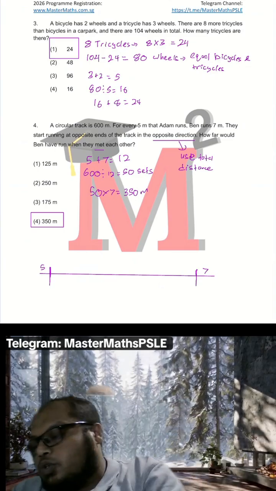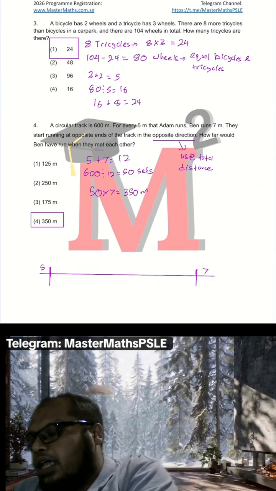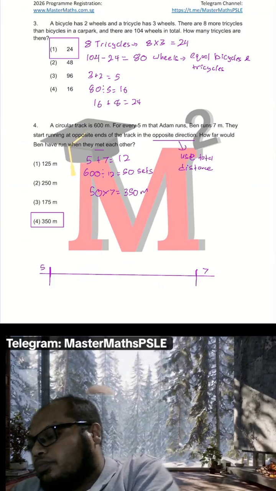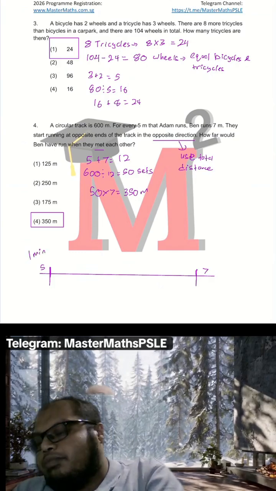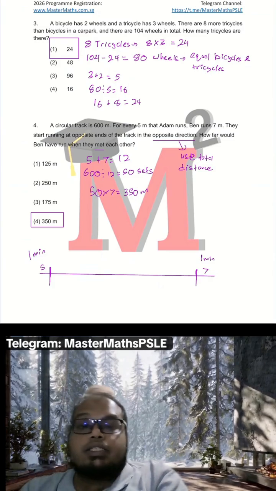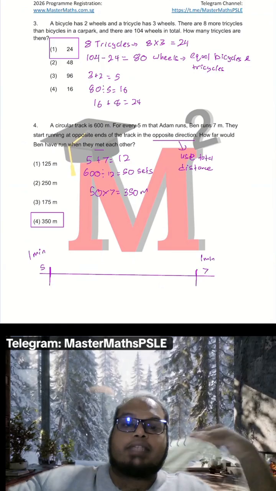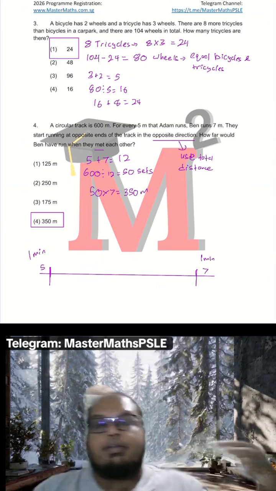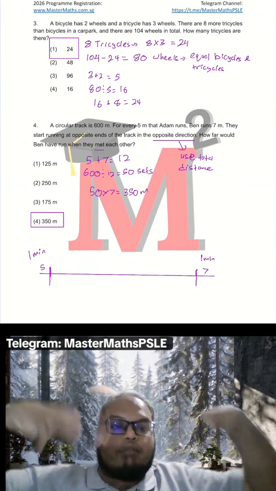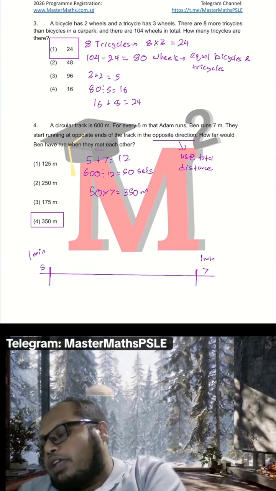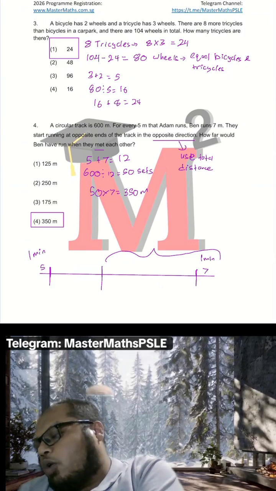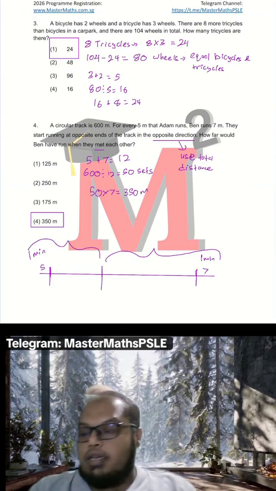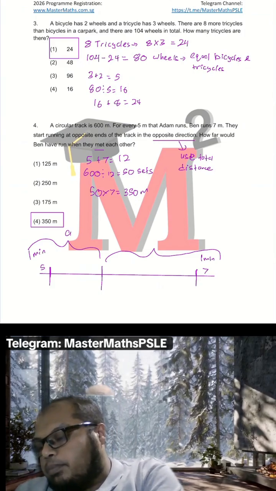Imagine Adam takes 1 minute to run this 5 meter, and Ben also takes 1 minute to run this 7 meter. So for every minute they cover 5 plus 7, the total distance. And eventually, Ben would have covered more compared to Adam.